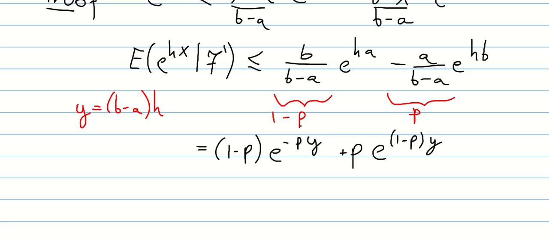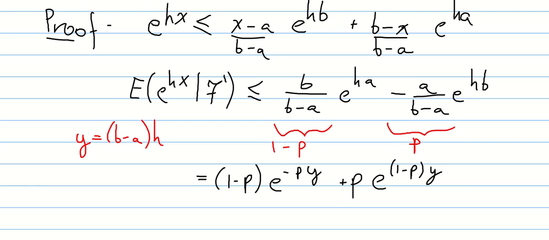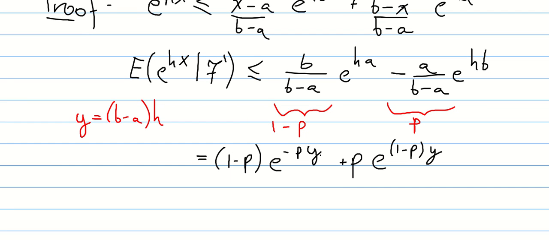This is clearly 1 minus P, and this is P. They sum up to 1, right? And this in the numerator is A. Yeah, this is HA, so it's the first term here. Let's double check this. Here we have P y.